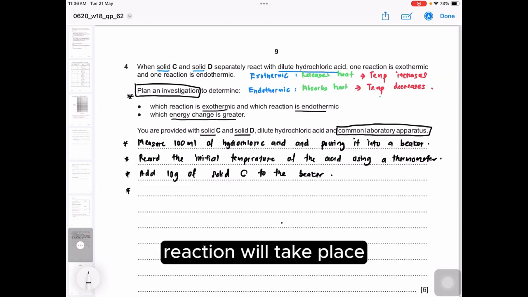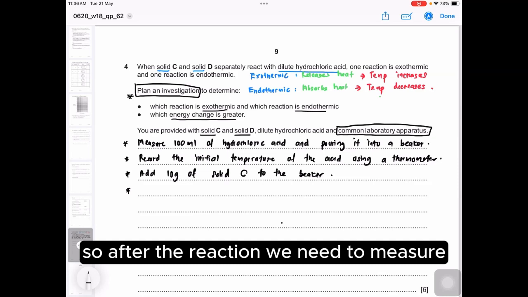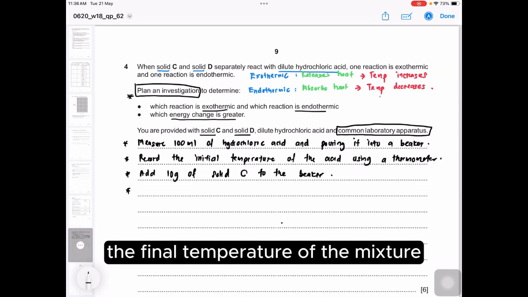Reaction will take place. So after the reaction is completed, we need to measure the final temperature of the mixture.